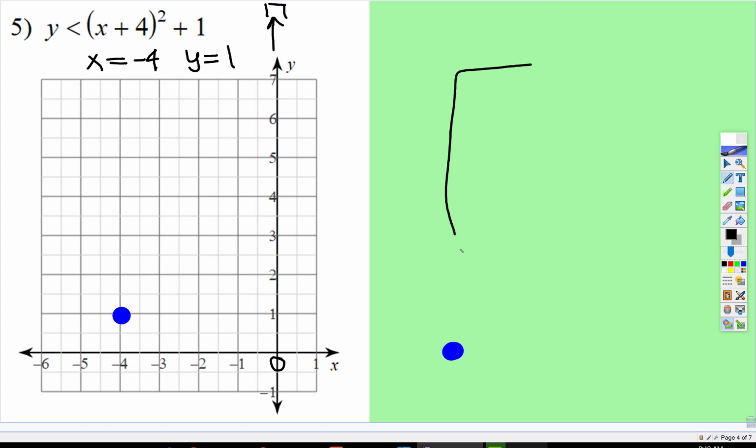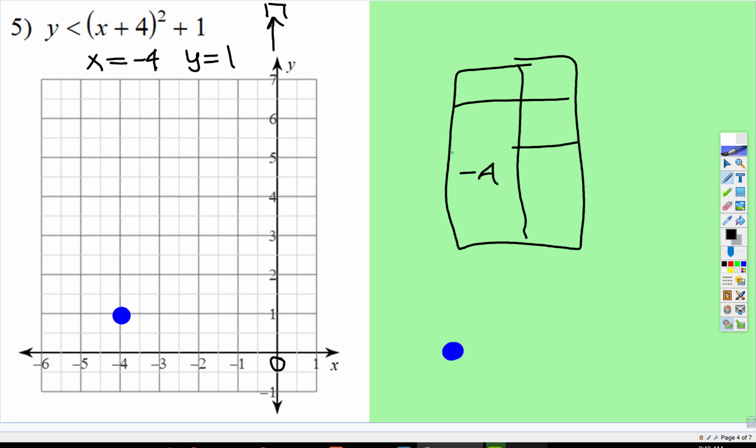I'm just going to do the table of values. And we know -4 is the vertex. So I'm going to choose -6, and I'm going to go 2 over, and I'm going to choose -2, and I'm going to plug those in, and because it's symmetrical, I really only need to try one of them.